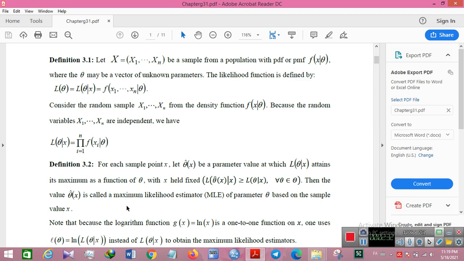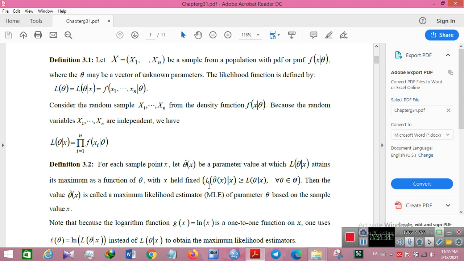Definition 3.2 gives the maximum likelihood estimator. For the sample point x, theta hat(x) is the parameter value at which L(theta|x) attains its maximum as a function of theta, when x is fixed.